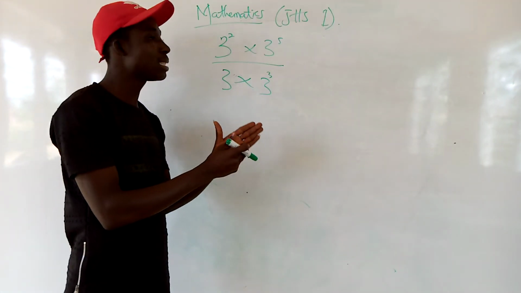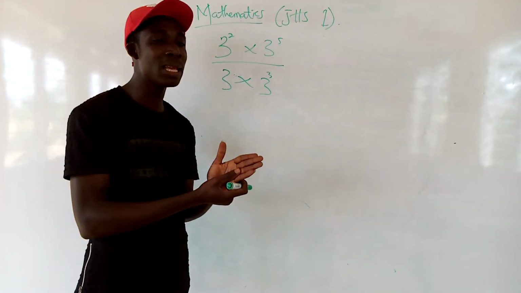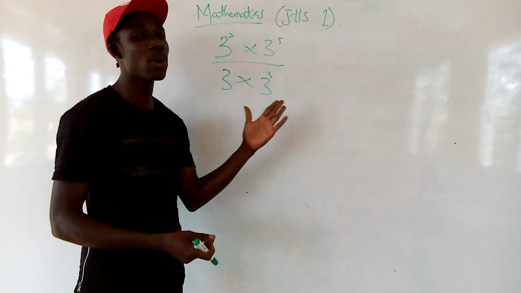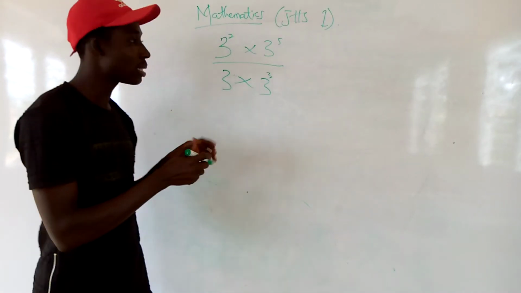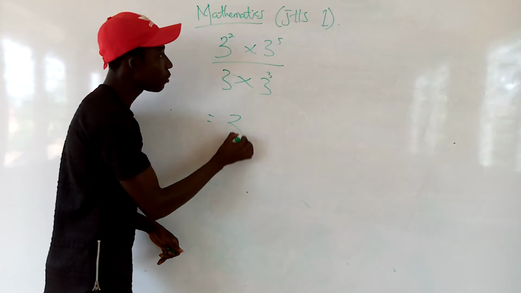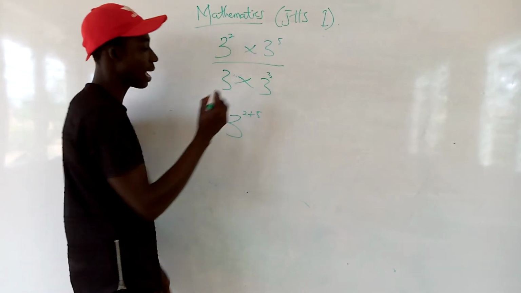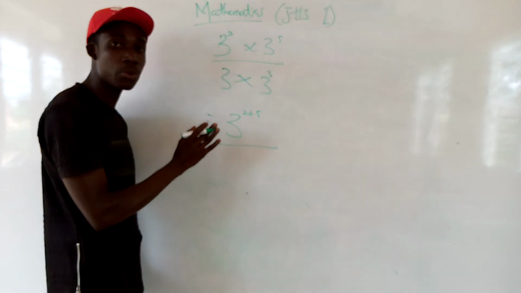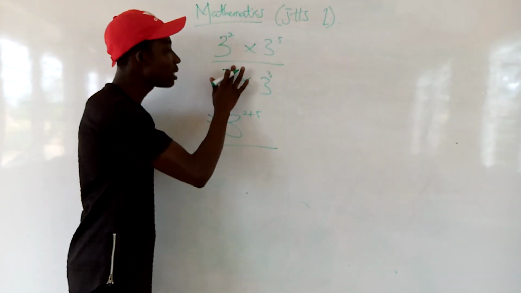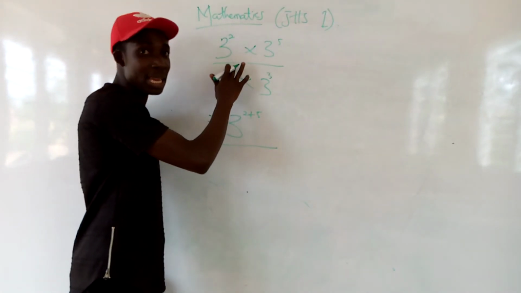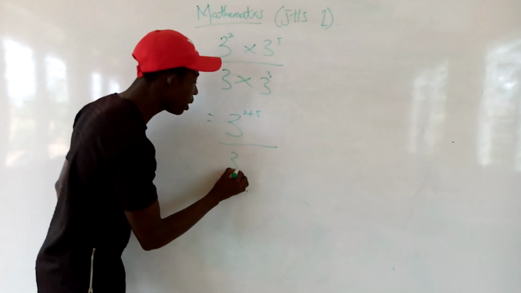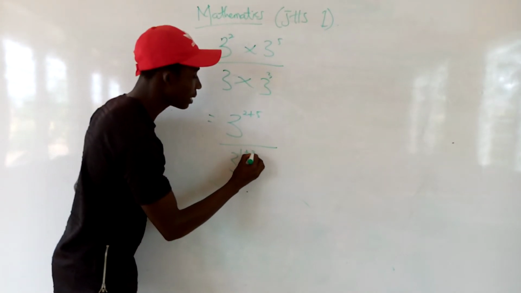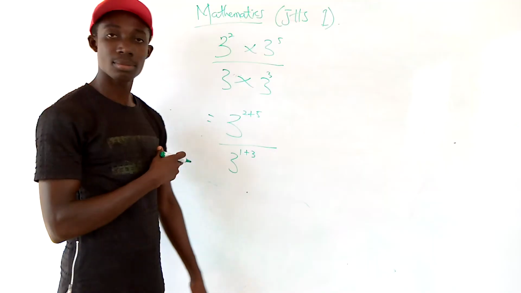The first rule says that when we are multiplying numbers with the same base, we should just add the powers. So it's going to be 3 exponent 2 plus 5 over this one too. We can apply the rule. Bear in mind that because there is no exponent here, it is 1. So we have 1 plus 4. Hope you get it.